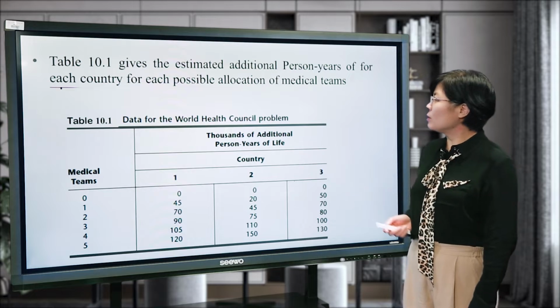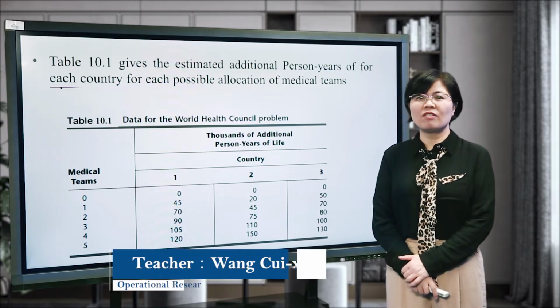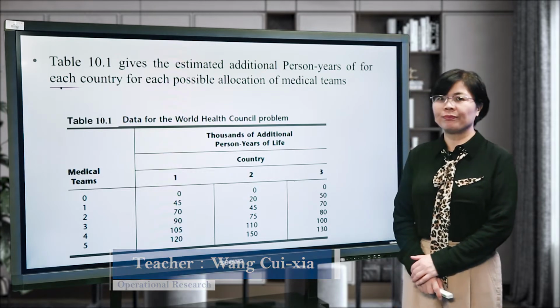The measure of performance being used is additional person-years of life. This table gives the estimated additional person-years of life for each country for each possible allocation of medical teams.